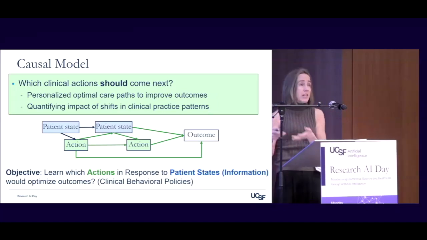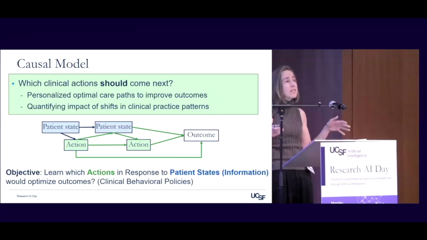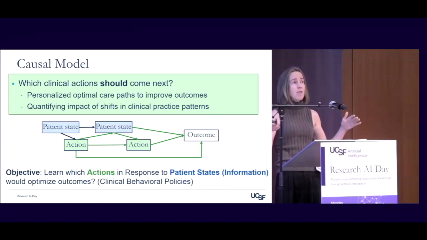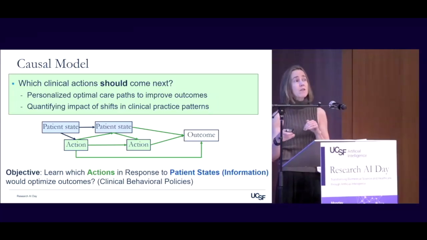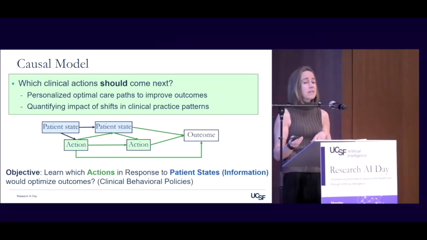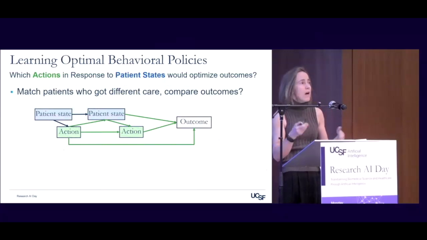Those actions then change future patient states as well as reveal more information, and the process continues over time. And what we'd really like to do is optimize that complex longitudinal decision-making process to optimize outcomes over the long term. And you might call this longitudinal algorithmic decision-making process that clinicians are doing all the time a clinical behavioral policy.